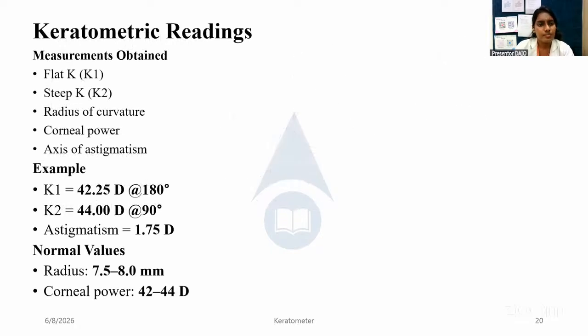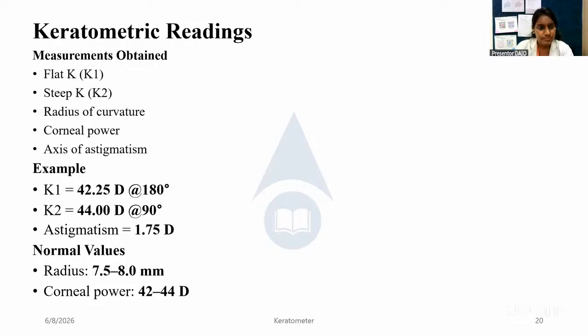Keratometry reading. Measurements obtained: flat K, steep K, radius of curvature, corneal power, and axis of astigmatism. Example: K1 is 42.25 diopters at 180 axis, K2 is 44 diopters at 90 axis. The astigmatism present is 1.75 diopters.